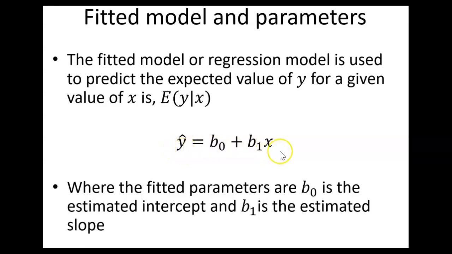Once we estimate the regression line, we eliminate the error term, and for any value of x, we can predict values of y. This is similar to what we did in section 12.2 of the textbook. This predicted value of y is considered the expected value of y given any value of x.